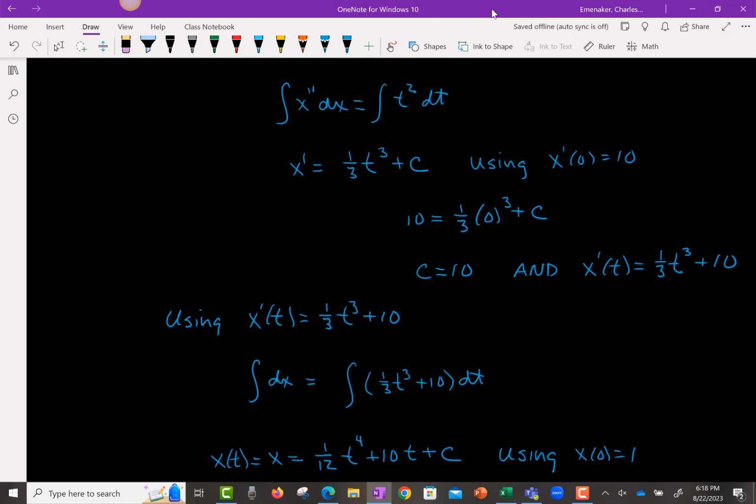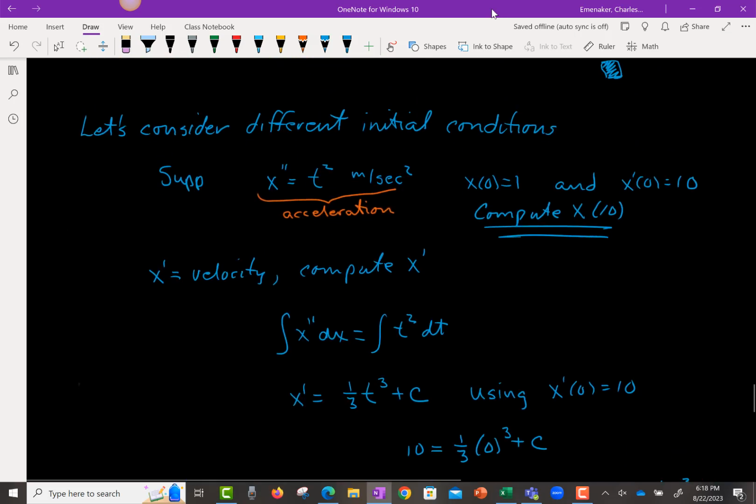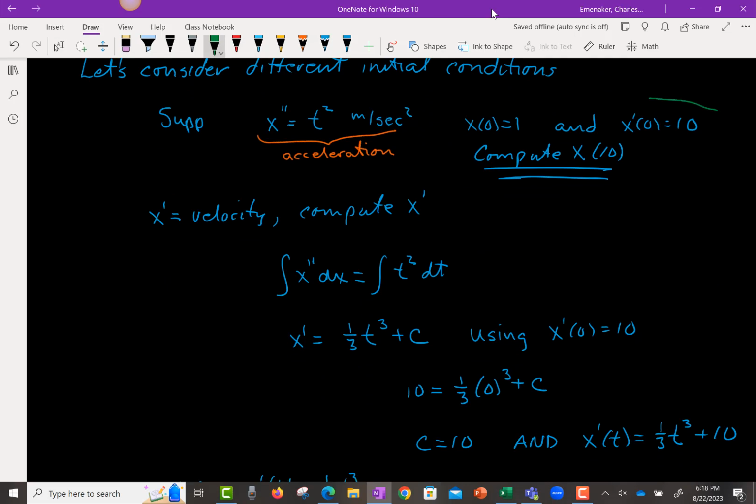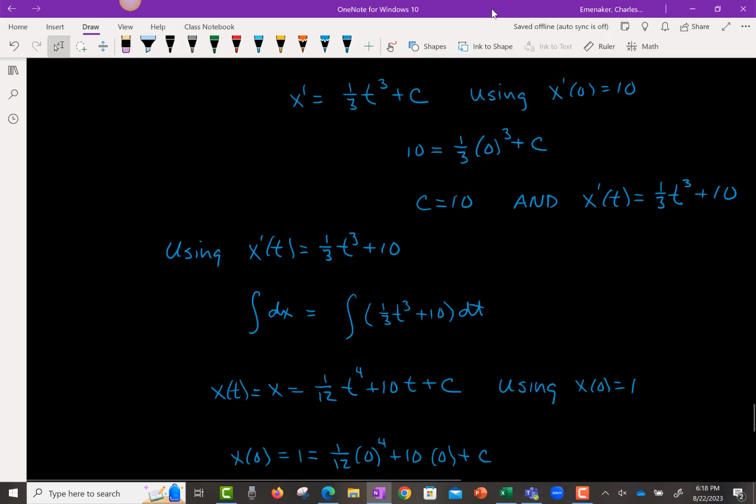At this point, I can use some of my initial condition information. Now you've got to be really careful, because up here in my initial conditions, I'm given two pieces of information. I'm given x of 0 equals 1 and x prime of 0 equals 10. Right now, I have x prime, so I need to use the initial condition that talks about x prime, and my initial condition is x prime of 0 equals 10.